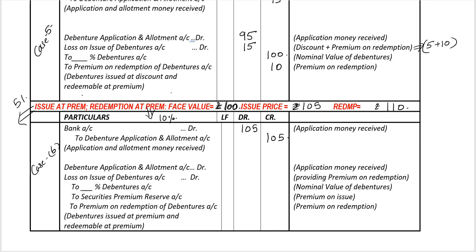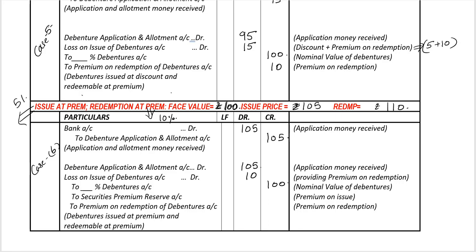The second journal entry: debenture application and allotment account, we will debit with the application money received, 105. We need to provide for the premium on redemption of debentures, and the amount of premium which will be debited to loss on issue of debentures account is 10 rupees. Against 2% debentures account, we will write the nominal value of the debenture, which is 100 rupees.